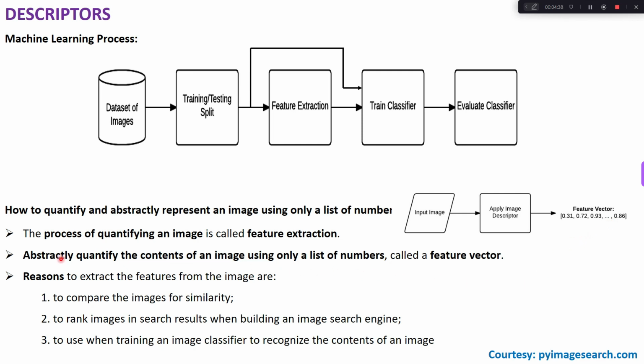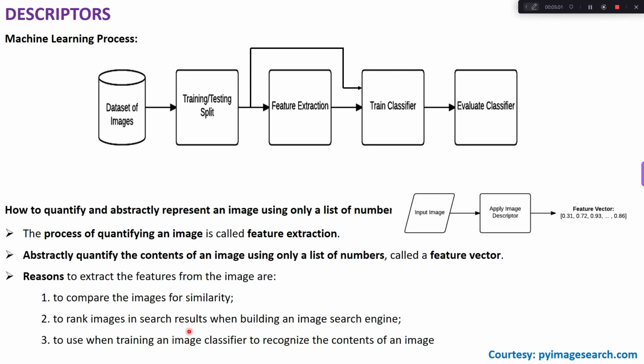By doing so, the speed of operation of a machine learning algorithm can be improved. So what are the reasons to extract features from an image? First, to compare images for similarity. We can extract the feature vectors from two images and compare them to see whether they are similar or not. Second, to rank images in search results.